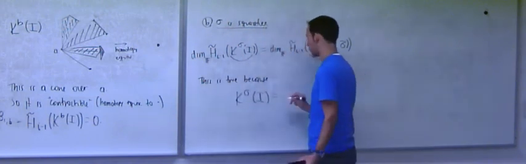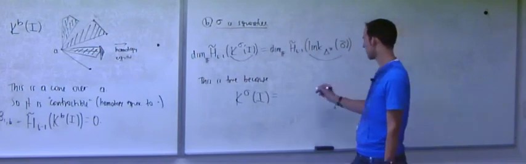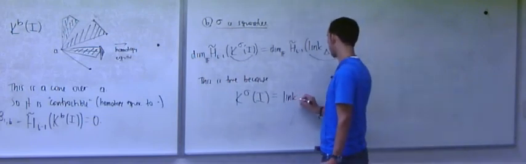So this is true because the upper Koszul complex with respect to a square free degree is precisely a link in the Alexander dual.